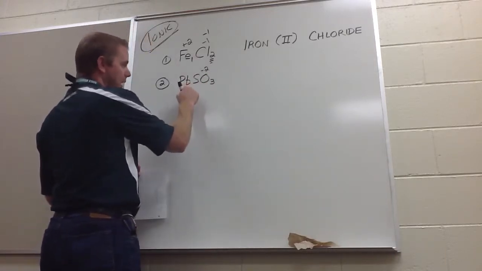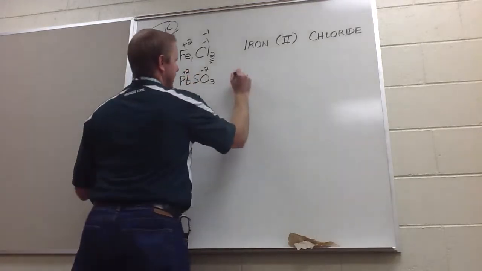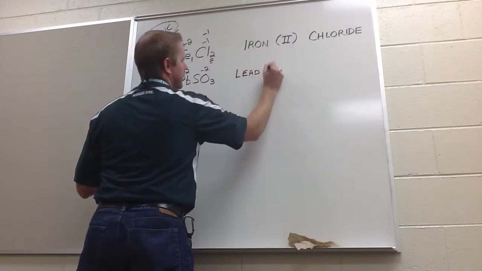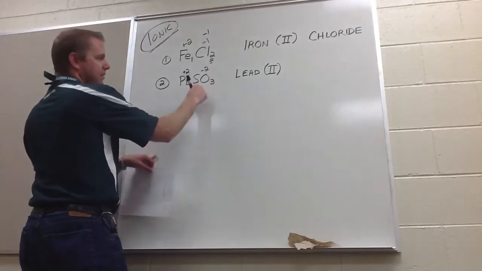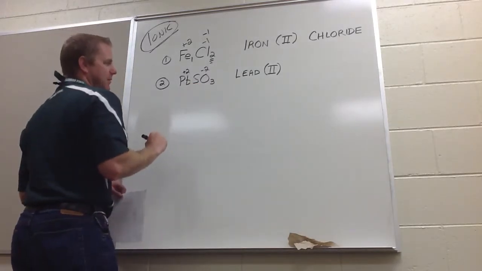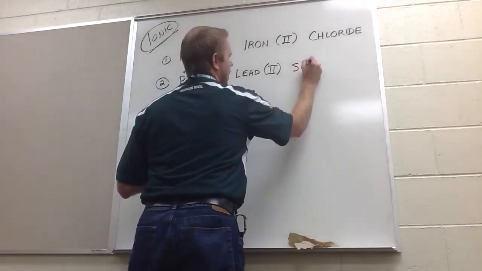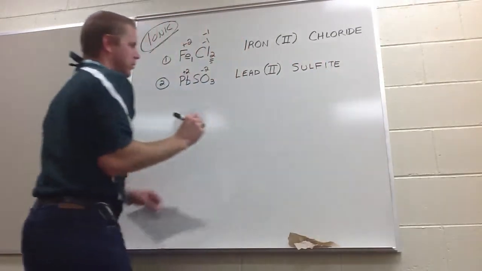Therefore, my 1 Pb must also be +2. Pb is lead. The version is lead 2. Well, this is a polyatomic anion, so therefore we just name it. This is lead 2 sulfite.